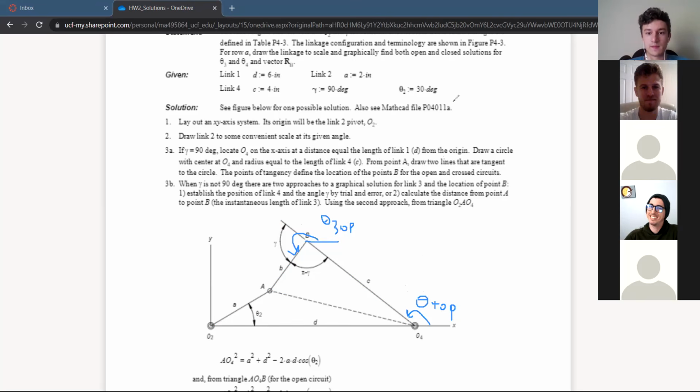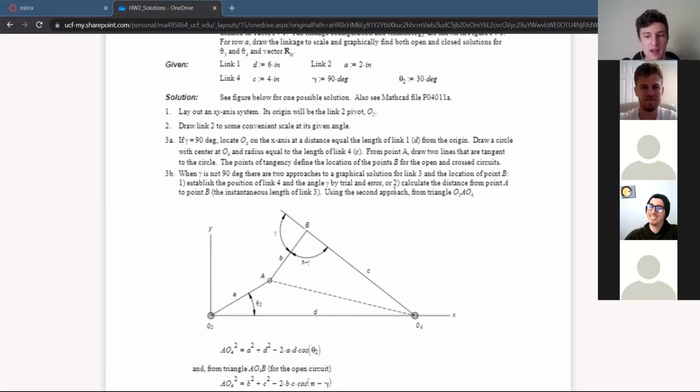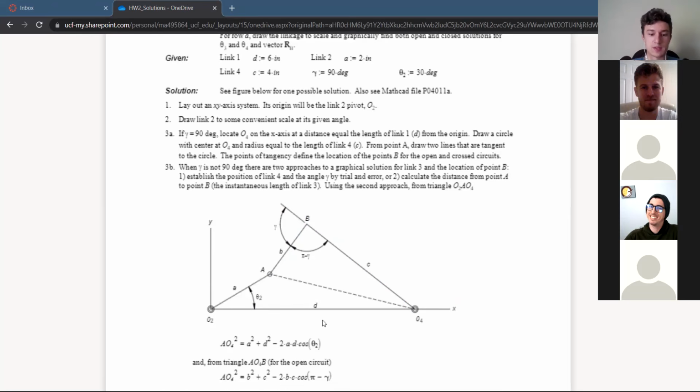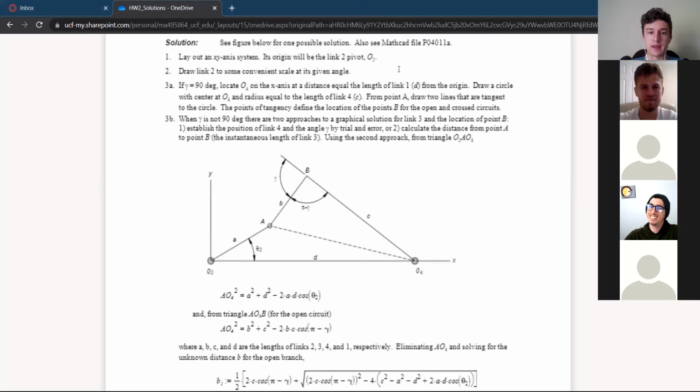So honestly, for this question, they don't solve it with any of the super specific equations from the book. They really just solve it with law of cosines.